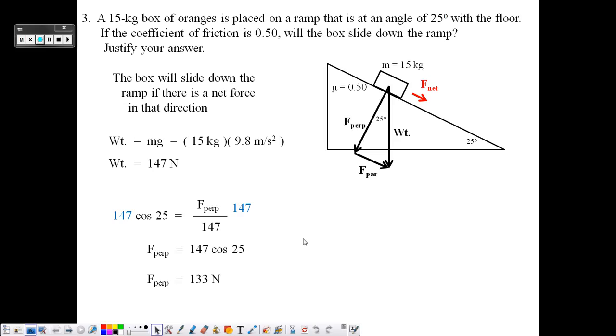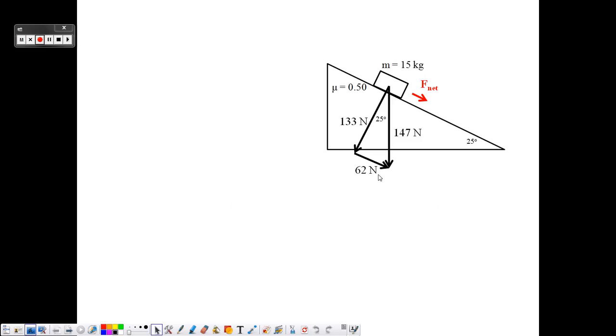The perpendicular component was 133 newtons. Force parallel can be found by the sine function, and my calculator said 62 newtons. So I added those to my diagram.